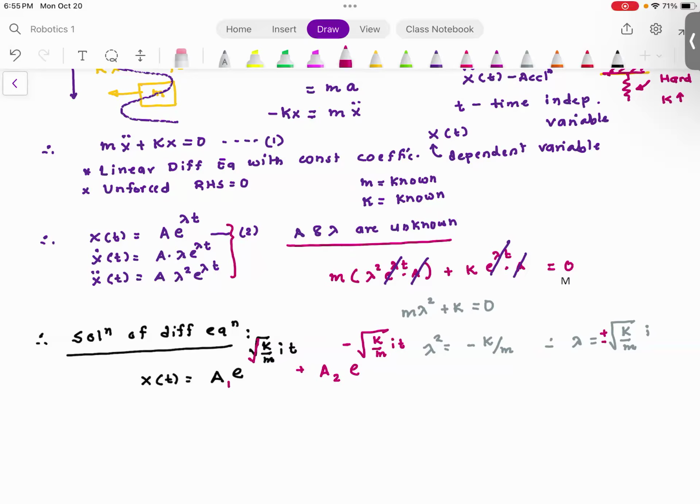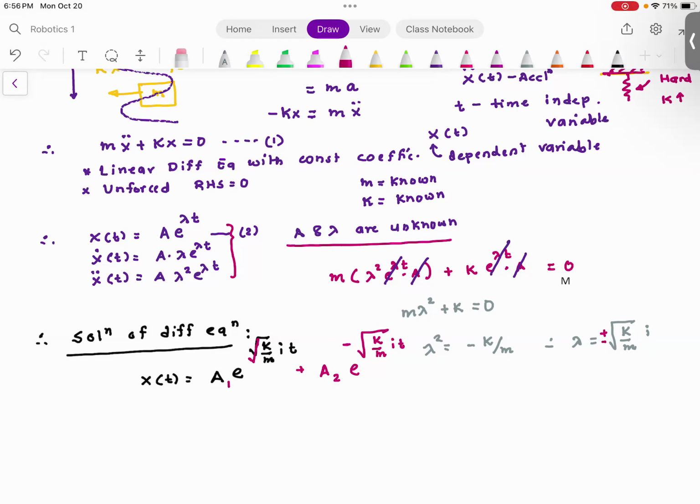Now here comes the engineering part. When we dealt with mathematics, we got all these imaginary numbers. But our displacements, our velocities, our accelerations are real. You agree with me that the mass is actually moving. So how do I relate this imaginary expression to the actual expression?